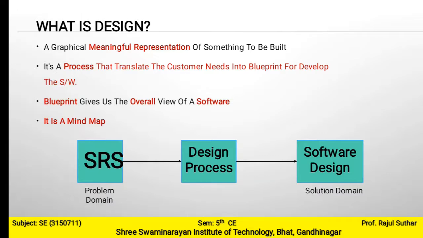When we finish any software product, we can say the software design is completed, or the problem domain is processed with the design process and we get the solution domain. So this is the simple flow of design: we start with the software requirement specification, apply the design process, and get the solution domain. This is finally called the software design.